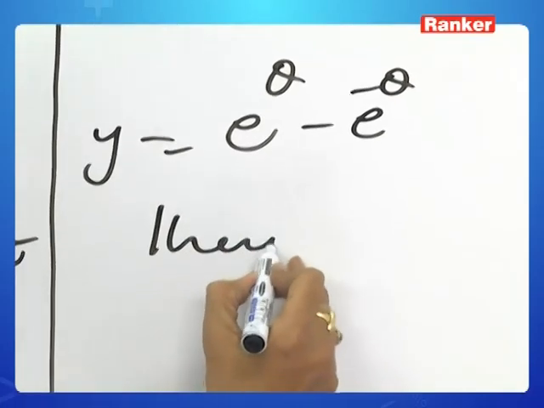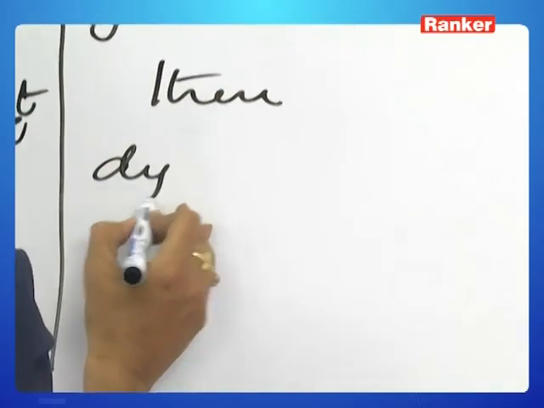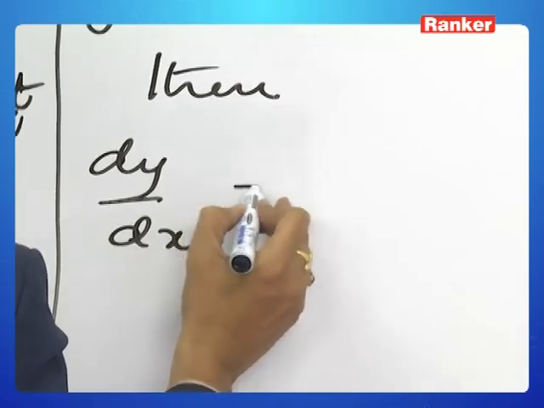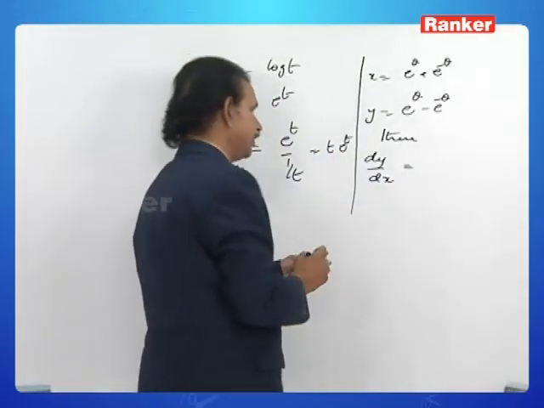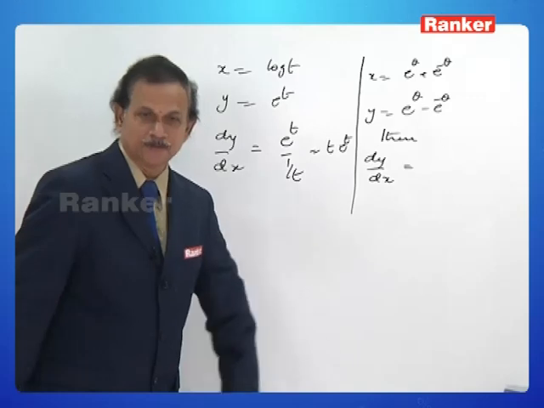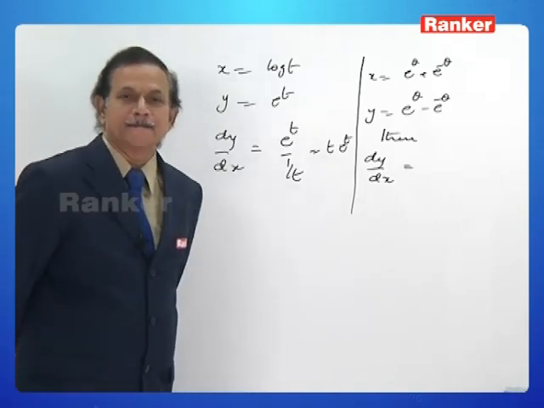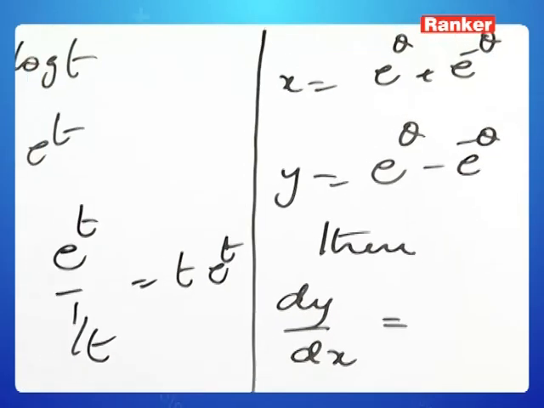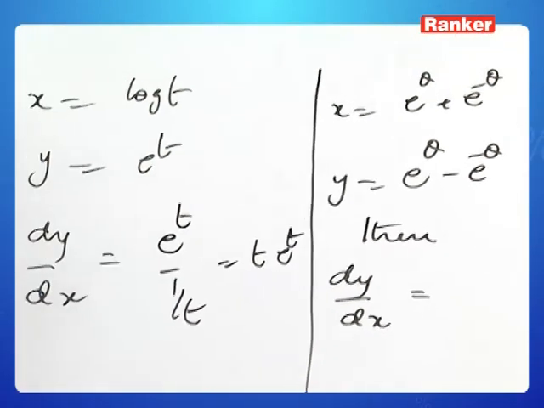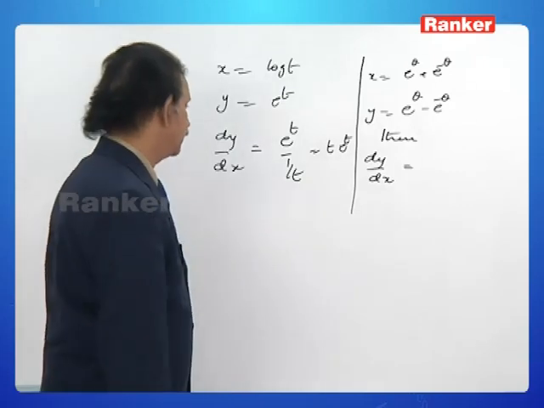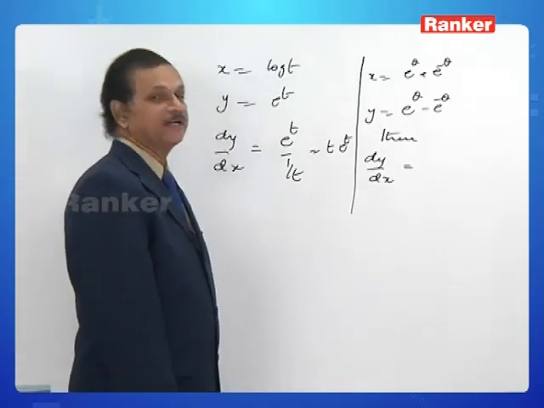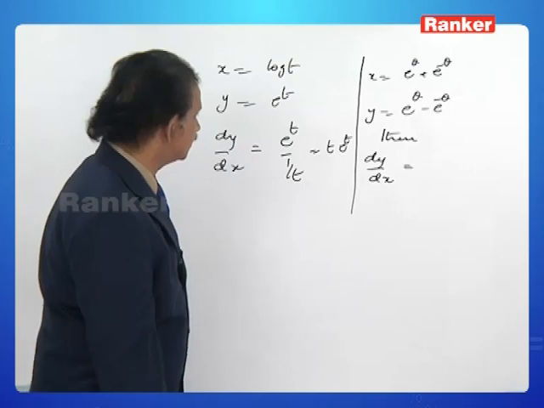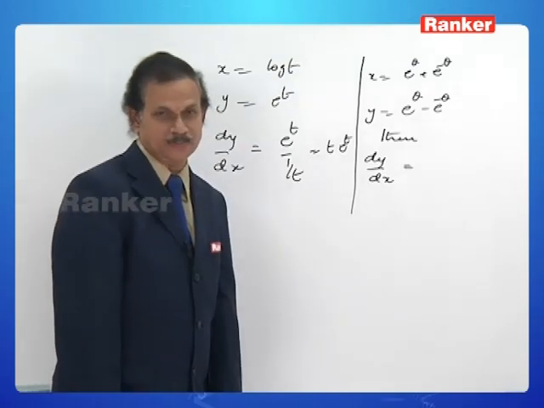Then dy by dx is equal to? How can you do that? x is equal to e power theta plus e power minus theta, y is equal to e power theta minus e power minus theta.